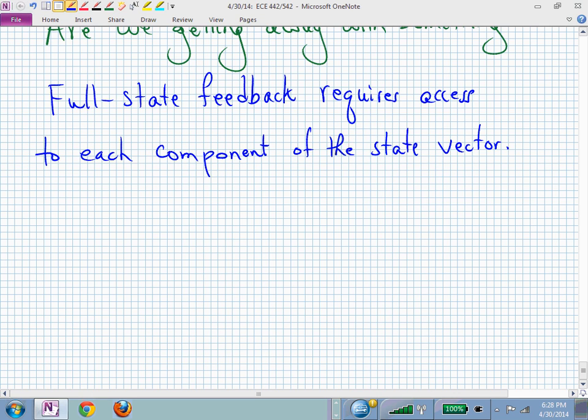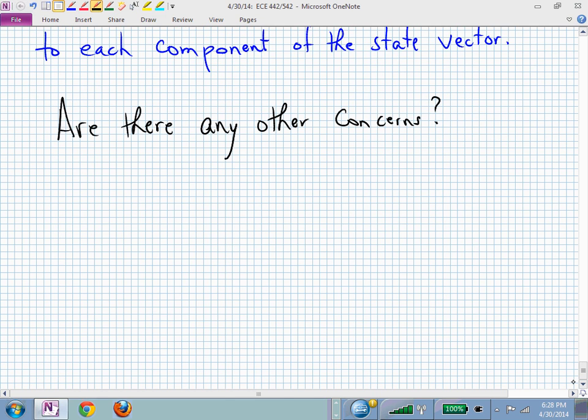Let's now look at whether there are other concerns besides what we've said. A lot of times when I'm looking at something, I like to draw a picture. I know my drawing is pretty poor, but it still helps me think. What do we have? Well, we have a state space representation, which has an input matrix.